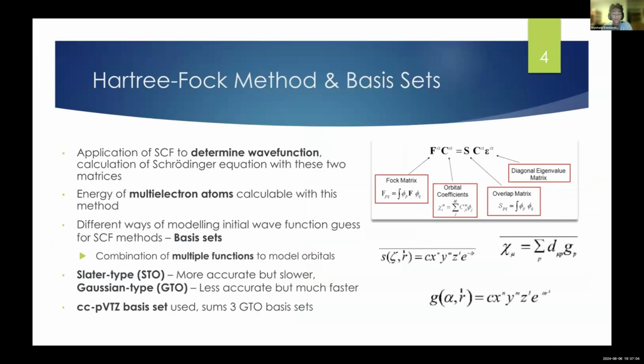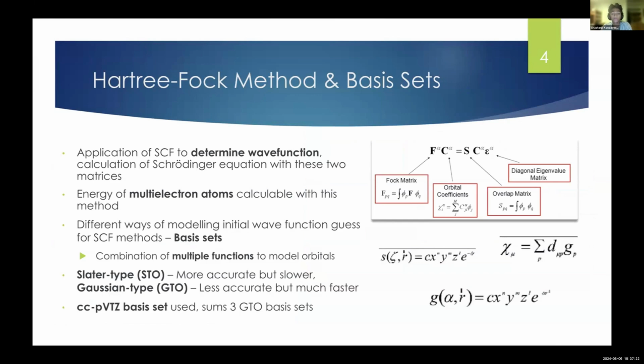The Hartree-Fock method applies SCF techniques to determine the electron wave function by calculating the Schrödinger equation using two key matrices, the Fock matrix and the density matrix. This allows us to calculate the energy of multi-electron atoms with good accuracy.